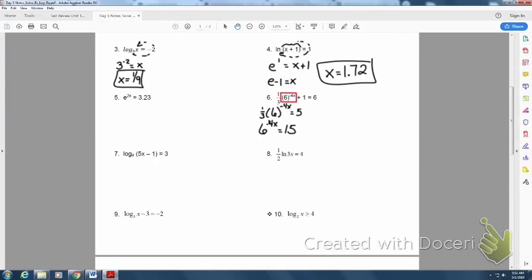So now I can fish hook that. So I'm going to have log, what is my base? 6 of equals negative 4x. And then how would I solve for x right there? Divide by negative 4.